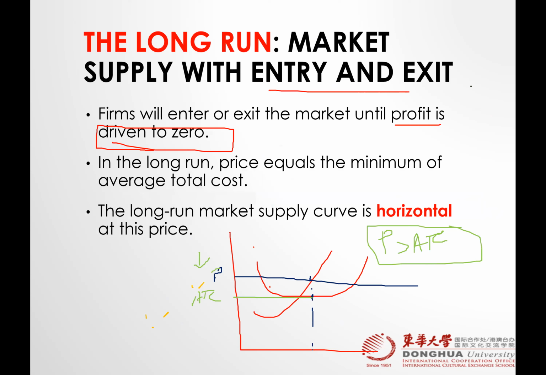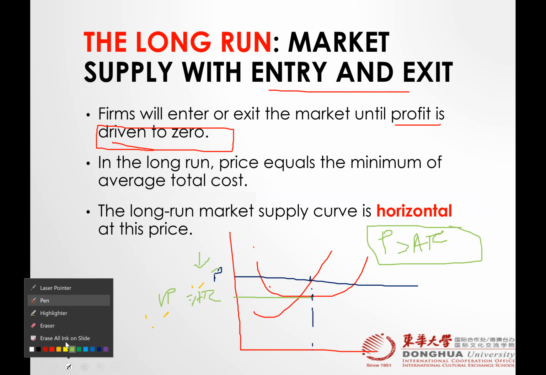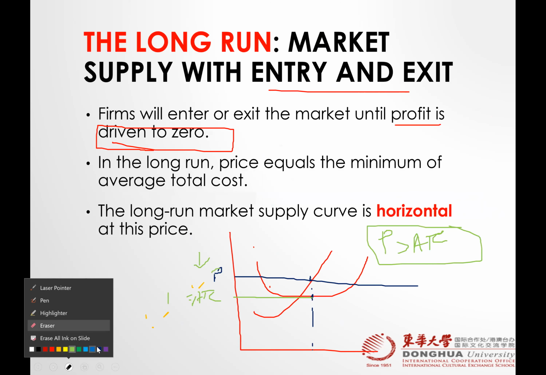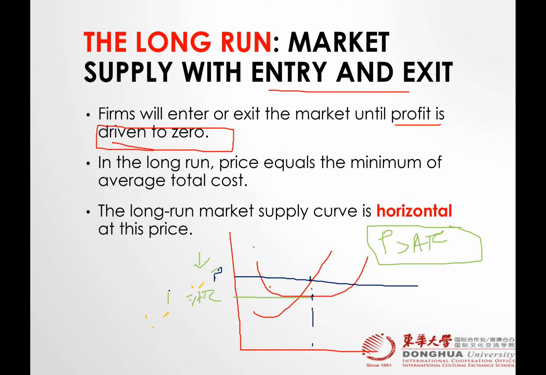So the price is going to decrease, until it is equal to the average total cost. Price equals average total cost.